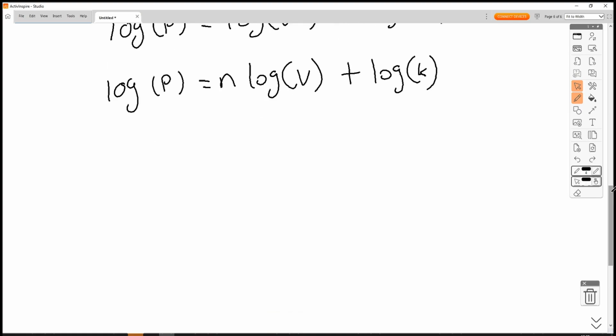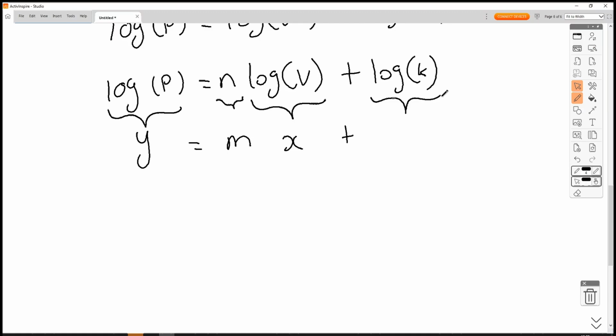So now, when you've got this, what you plot on the axes is log of P on your y-axis, log of V on your x-axis, which means that n is the gradient, plus log k is your vertical intercept.